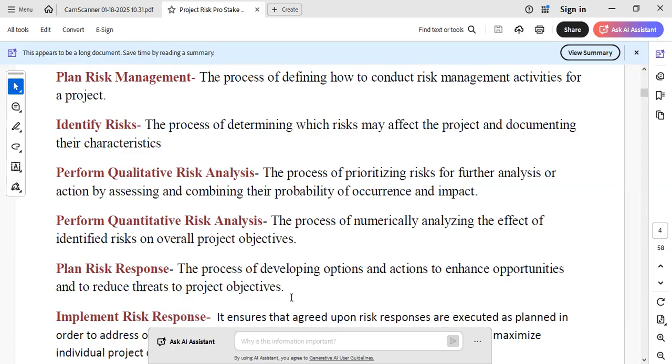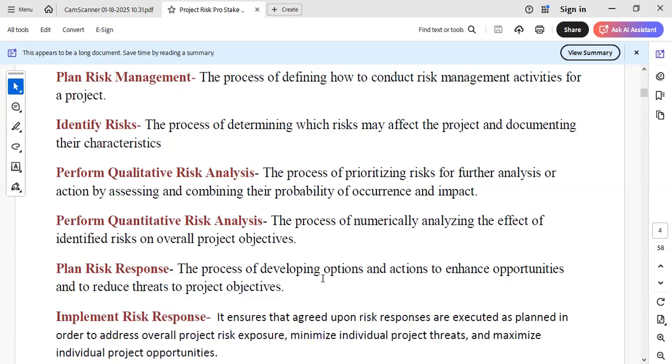So having identified and analyzed, what do we do? We must plan the risk responses. In this process, we will develop options and actions that would enhance these opportunities if they are really positive risk, and also actions and steps that will reduce the threats if they are negative risk, talking about threats to the project objectives.